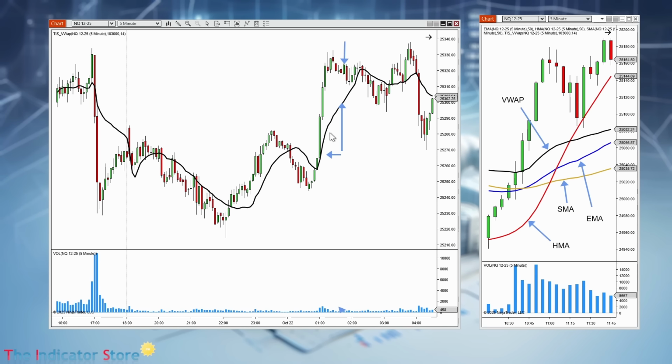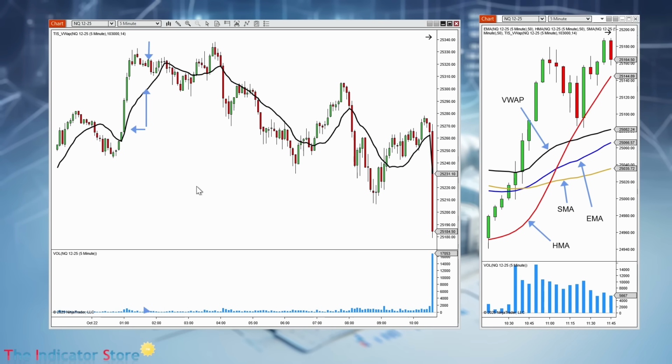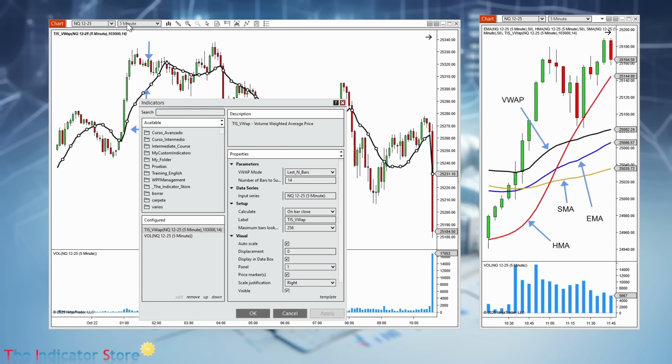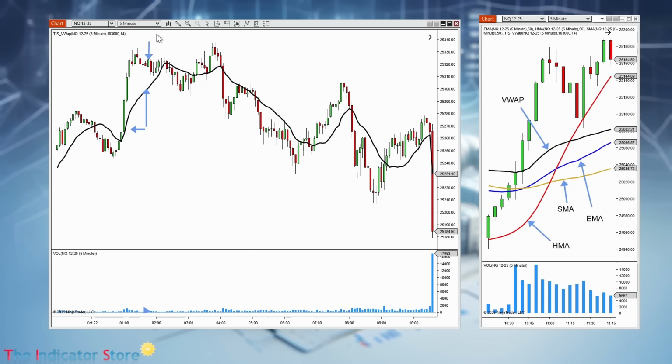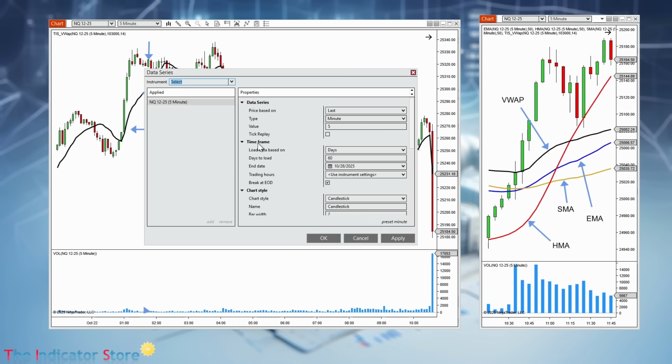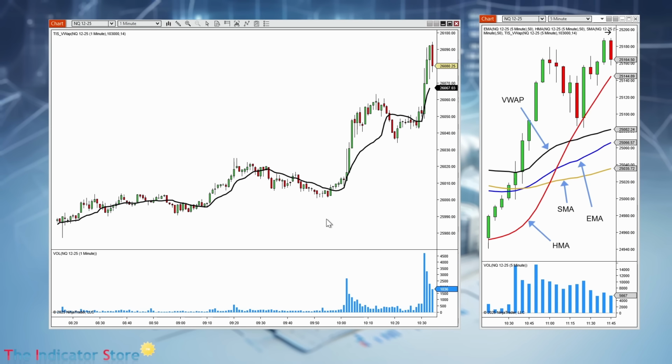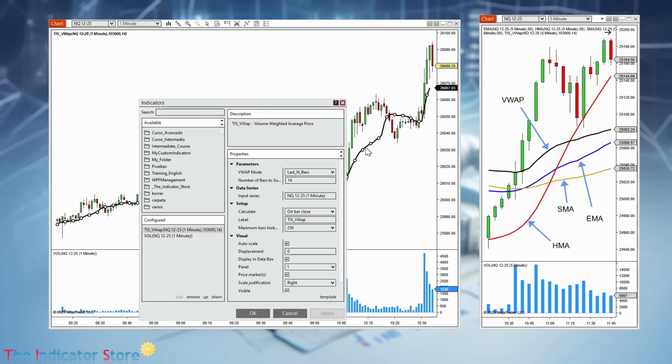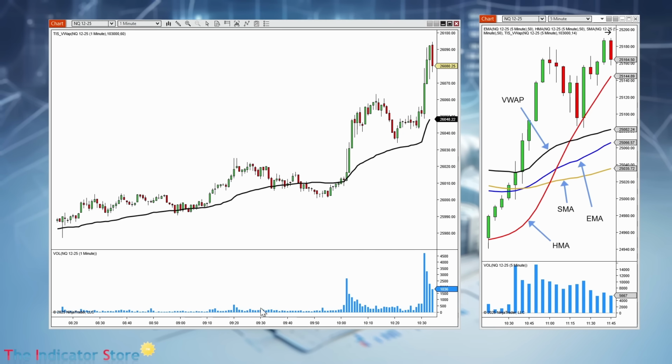Is it useful? It depends. You can try different numbers with different periods. For example, if we select a 1 minute bar, and then we count 60 bars into the past, that means it is 1 hour. Okay, 60 bars of 1 minute is 1 hour average.